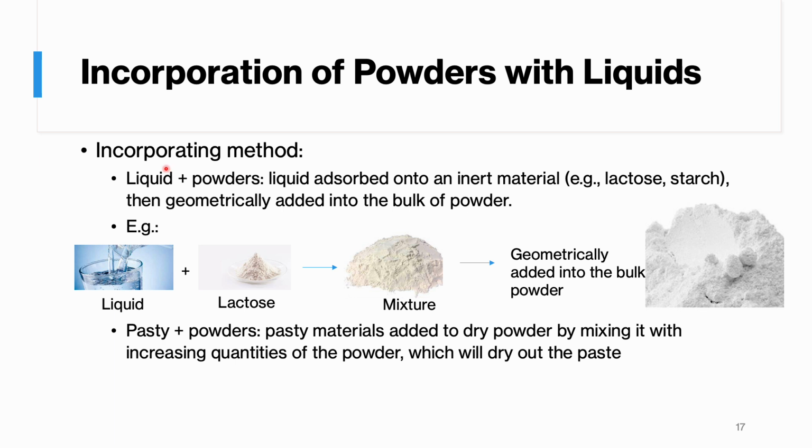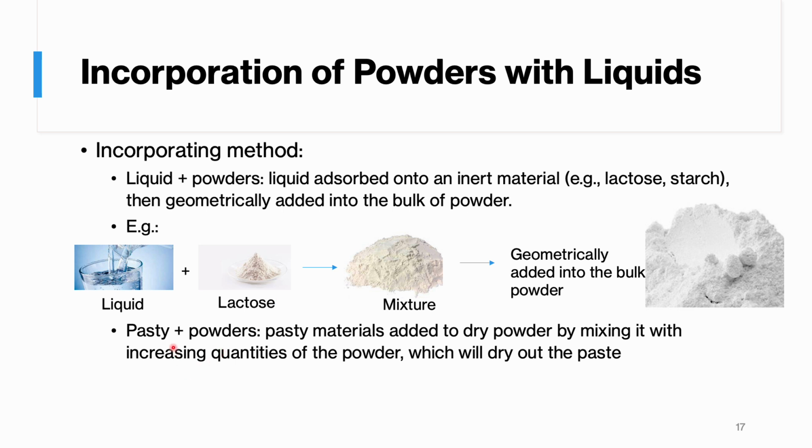In case the liquid is added into powders, the liquid will first be absorbed onto an inert material, for example lactose or starch. When mixed with this kind of inert material, the liquid will be absorbed, and then it will be less liquefied, and then this mixture will be added into the bulk powder using the geometric dilution.